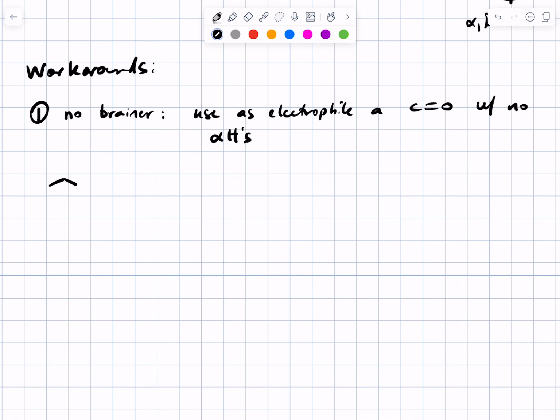So as an example of a crossed aldol in this way, let's react this ketone with this aldehyde. This is benzaldehyde, and significantly there are no alpha protons.